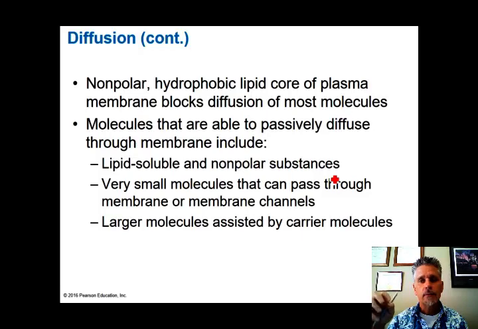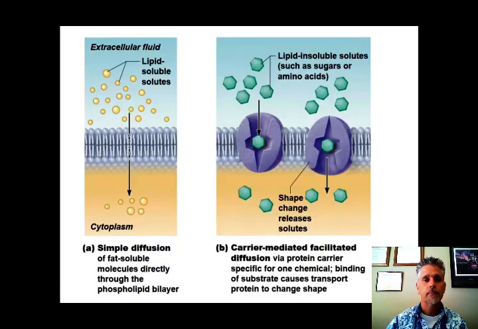If we talk about polar molecules, they're not going to be able to get through that nonpolar core that we see in the lipid bilayer. So some small molecules would be able to get across, like water, but other ones, bigger, nonpolar ones, lipid insoluble ones, have to be escorted via the protein like we see there.